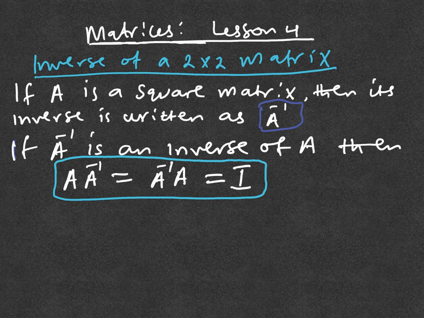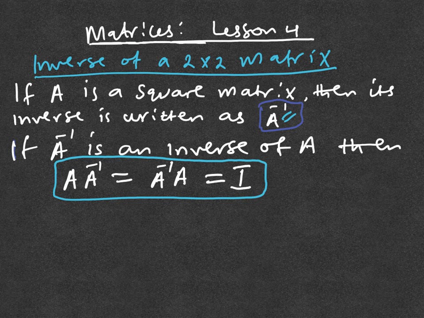If A is a square matrix, then its inverse is denoted as A power negative 1. And if you get the inverse, that inverse multiplied by that matrix, the order is not so important, but above all, you are going to end up with an identity matrix. So that is so important.